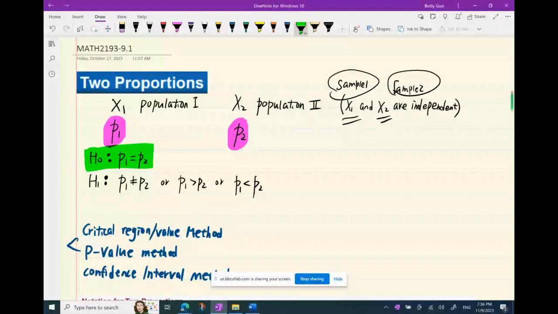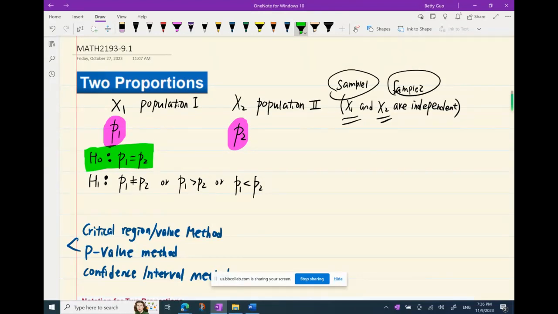The whole testing process is based on the assumption that P1 equals P2, same as the hypothesis testing we have learned in the previous chapter. We assume the null is correct, and then we get a sample.